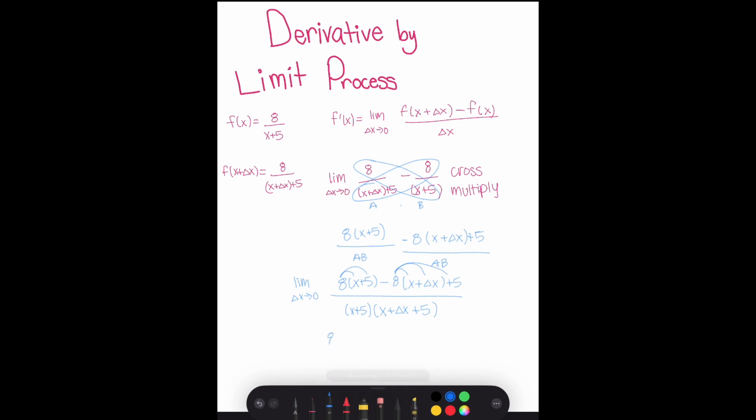So it's going to give us 8x plus 8 times 5, which should be 40, minus 8x minus 8 times delta x and then minus 40 because it's a negative 8 all over our denominator. And don't forget we need to divide by delta x or multiply by 1 over delta x.